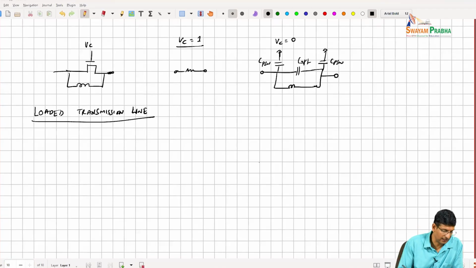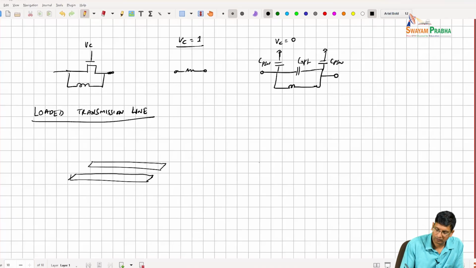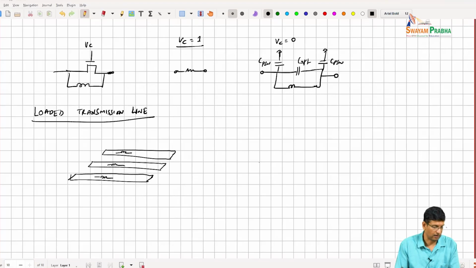So the idea is that I have my, let's say I have my GSG, and then what I have is an inductance. And what I'm trying to do is add some capacitance with a switch.